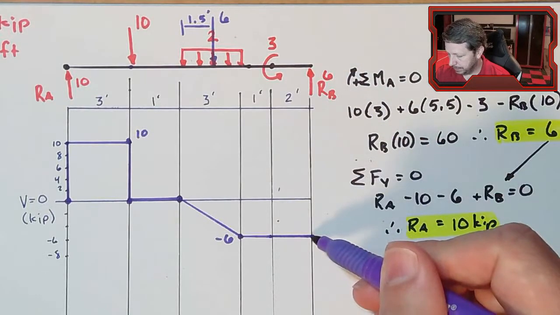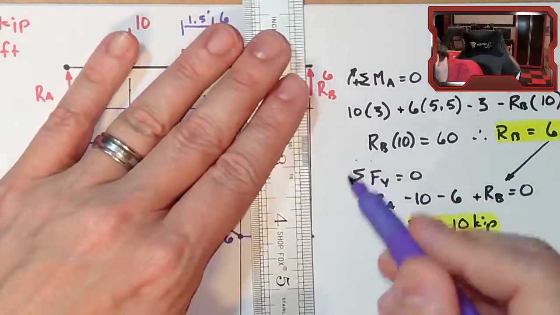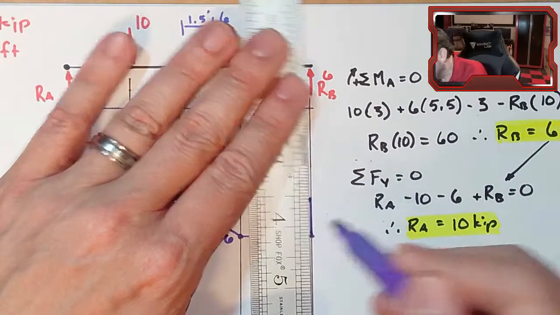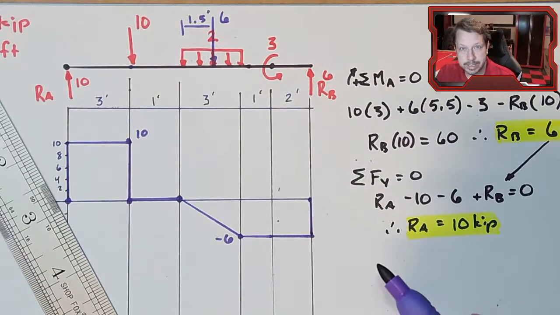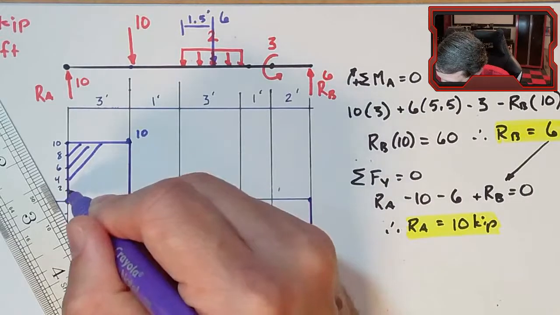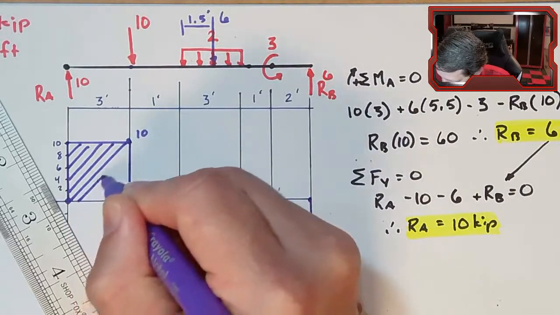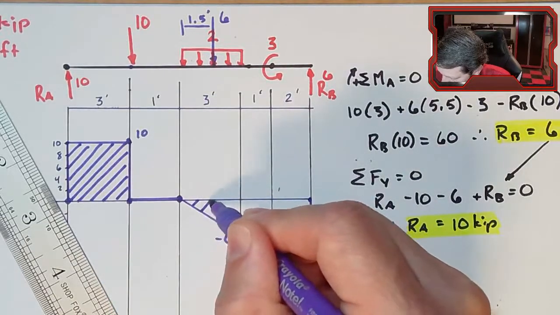So I go from negative 6 up 6, I go to 0. And this is what should happen. It may not end up perfectly like this one, where you get to exactly 0, because you might have some rounding errors. But this is a picture of the shear force at any point in this beam under this loading condition.